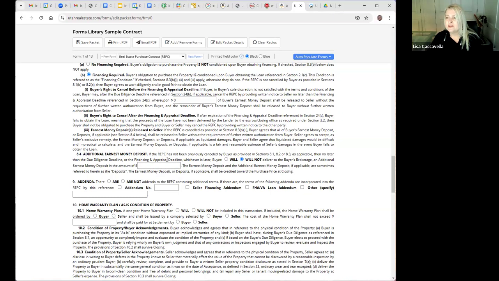So no later than the due diligence or financing and appraisal, you're saying that you might be willing to deliver additional earnest money. Say you're only starting out with $1,000 earnest money and you're like, look, we're putting $1,000 on the line right here, but no later than our financing and appraisal deadline, we're willing to up this by $9,000.